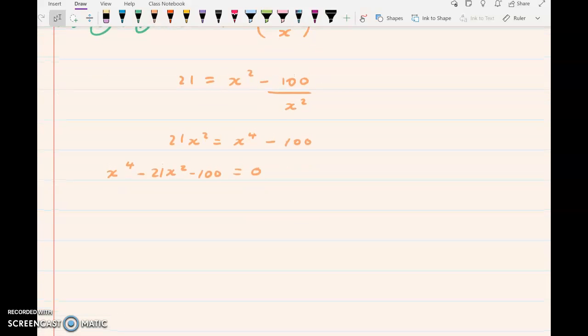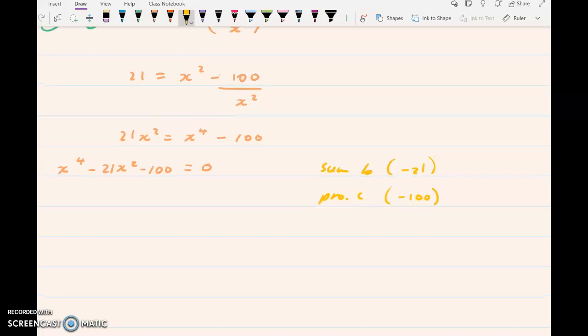I can factor this using sum b product c. So I'm looking for two numbers with a sum of b, which is minus 21, and a product of minus 100. Start with some factors of -100.